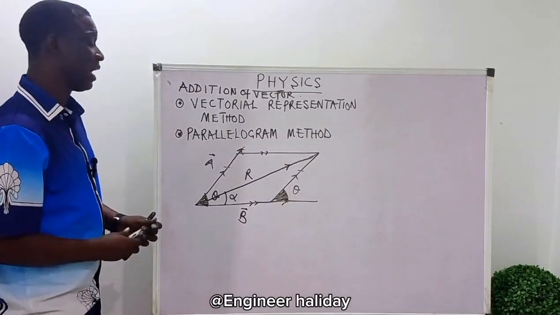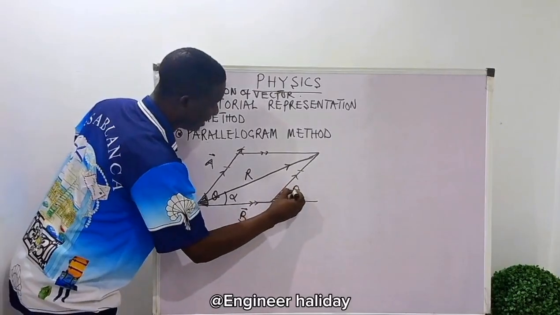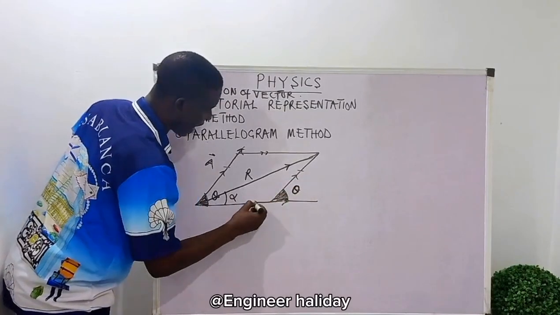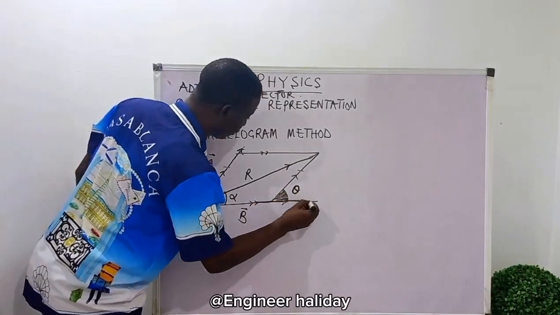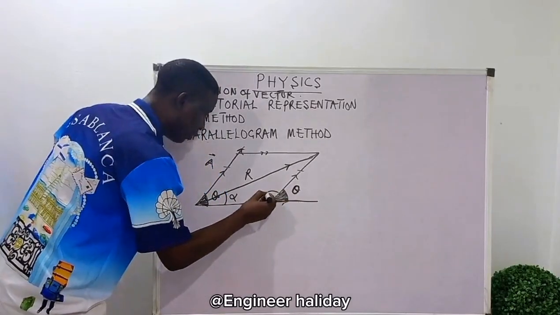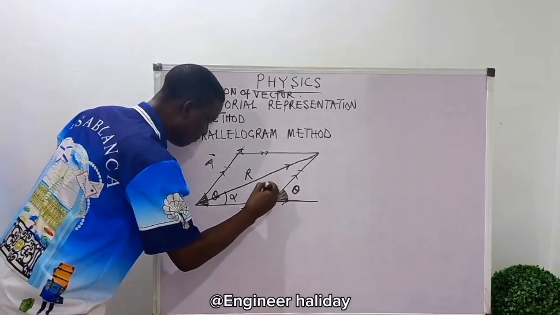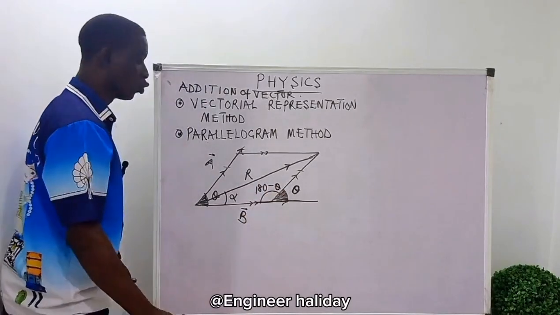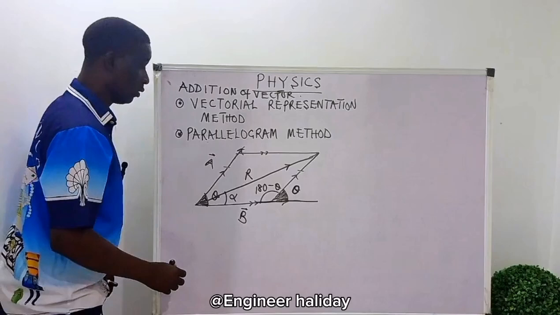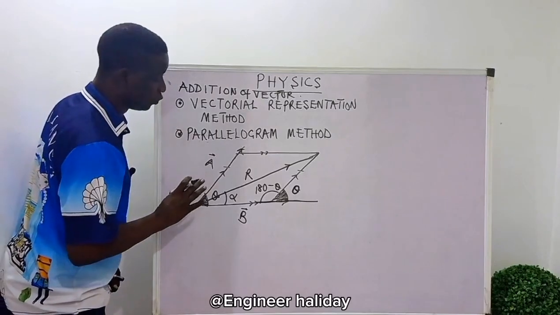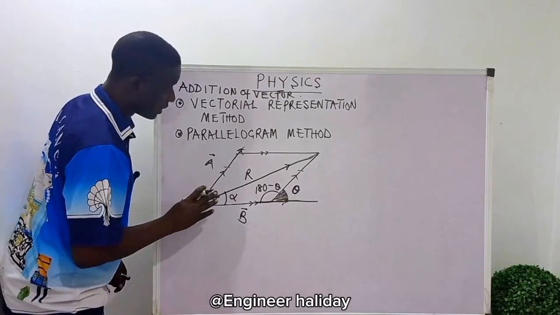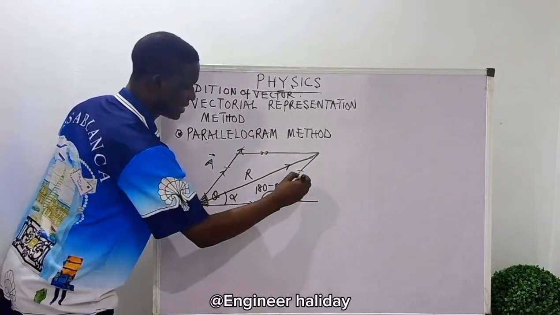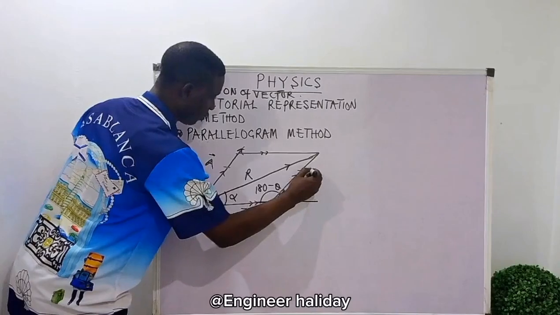Now if that is angle theta, here is an angle on a straight line, so here will be 180 minus theta to complement that angle. Let's name this one vector A.